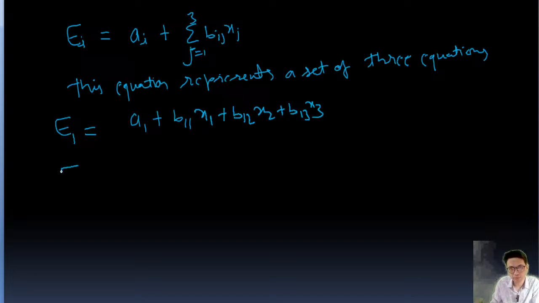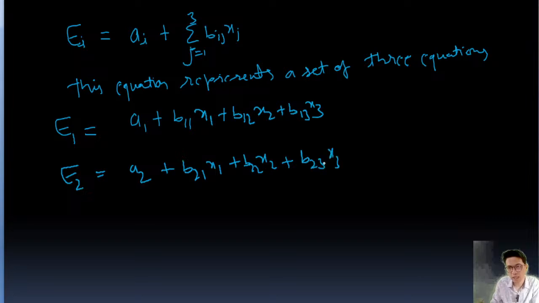1. So now E2 is going to be A2 plus B21 x1 plus B22 x2 plus B23 x3.